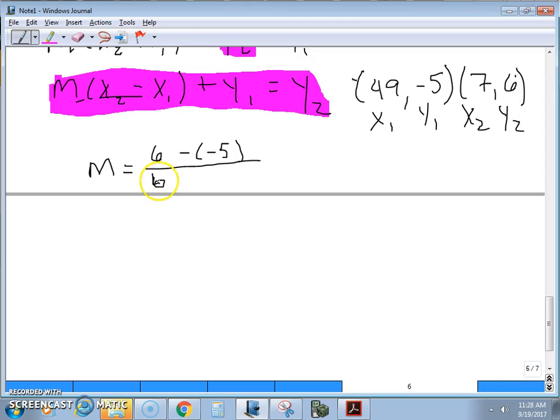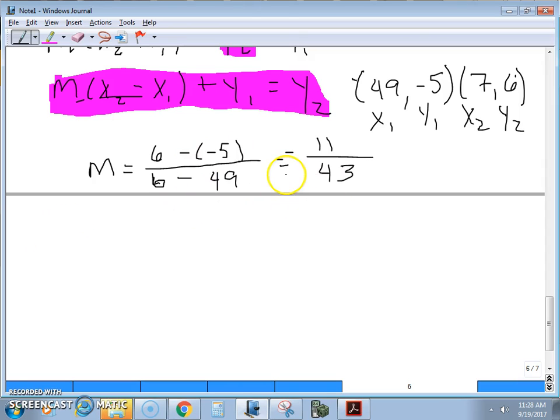Oops, 6 minus 4, 9, negative 11 over 43. All right, write this down. One last step. We found the slope. All we have to do is put it into point slope form.